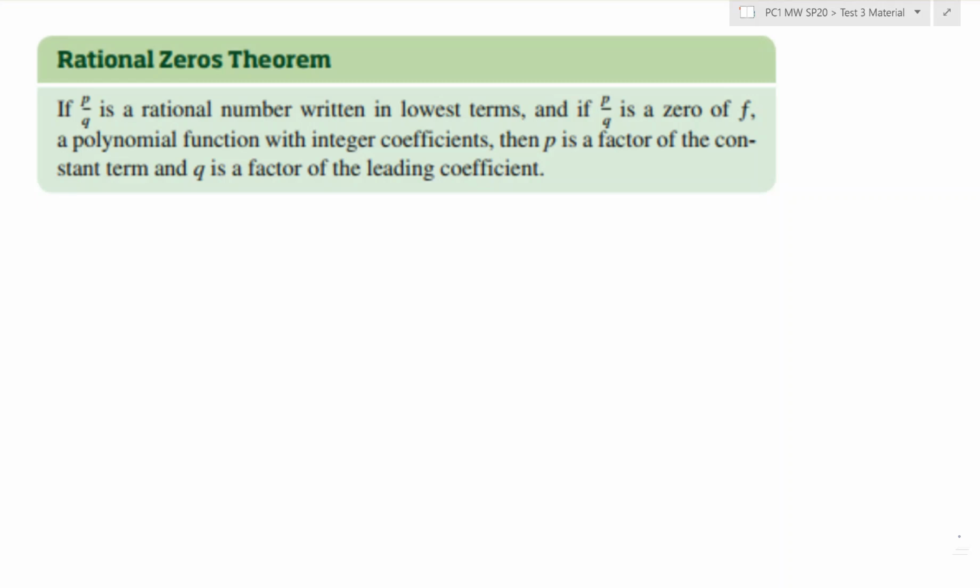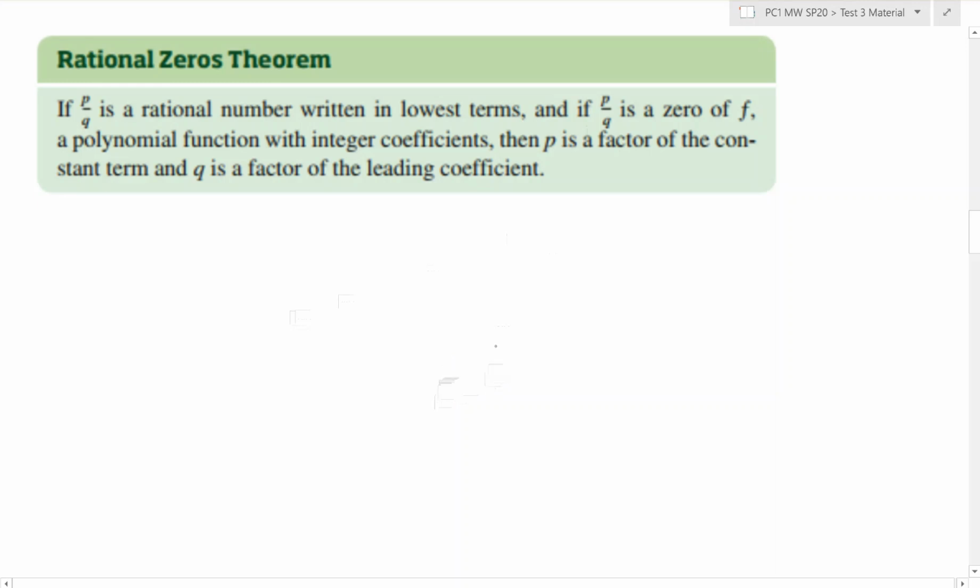It says if P over Q is a rational number written in lowest terms, and if P over Q is a 0 of F, a polynomial function with integer coefficients, then P is a factor of the constant term and Q is a factor of the leading coefficient.